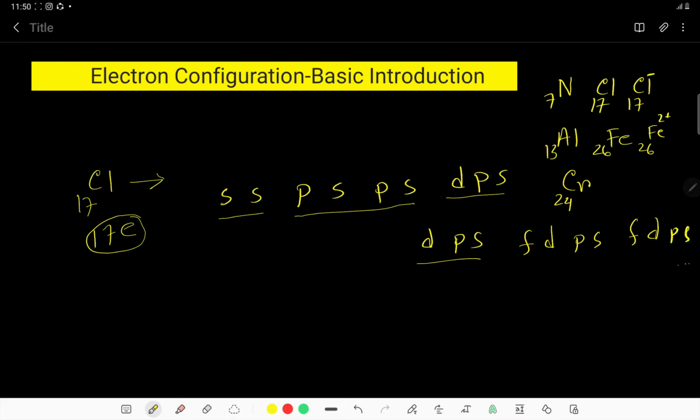That is, you can take any number of fdps according to your need, right?